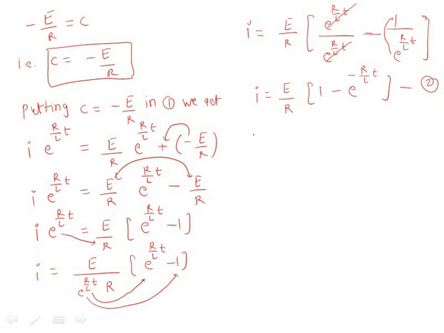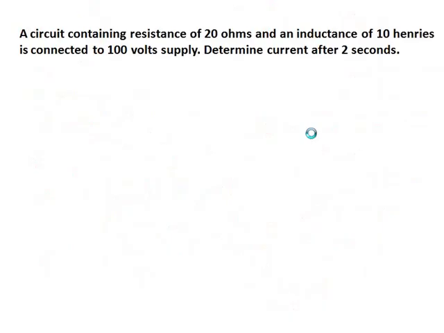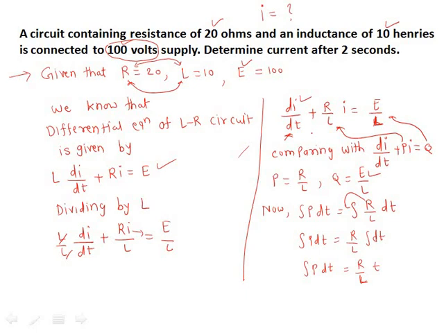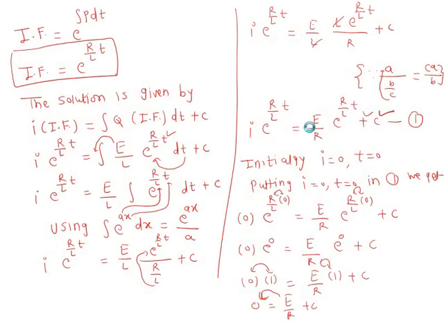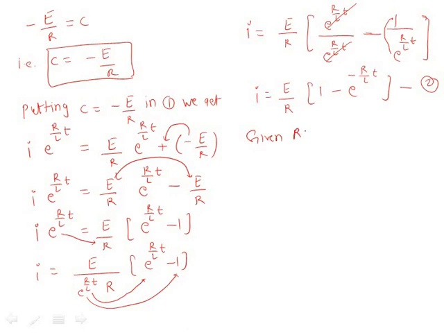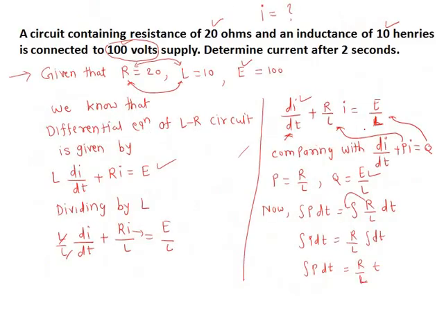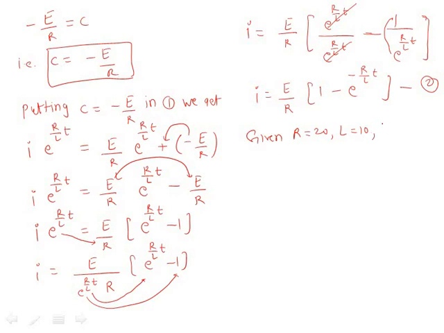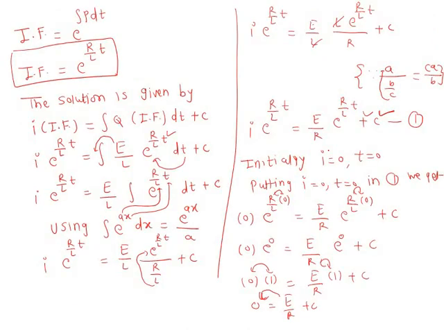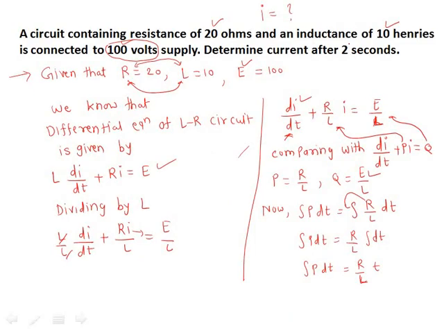So now we will put the given values. R is 20, L is 10 and the value of E is 100. All these values we have to put in equation 2. And also we have to find the value of current I after 2 seconds.